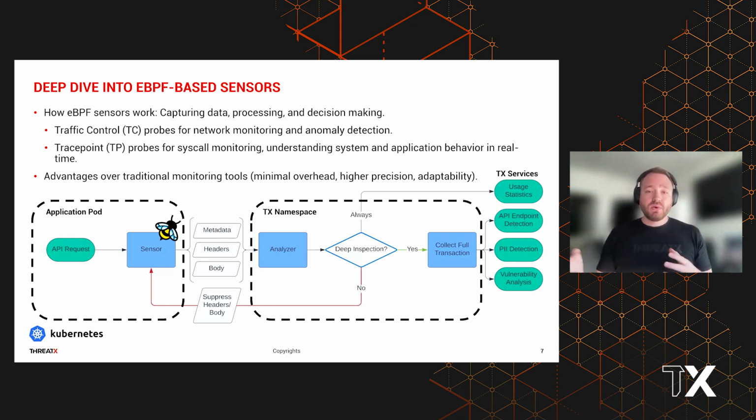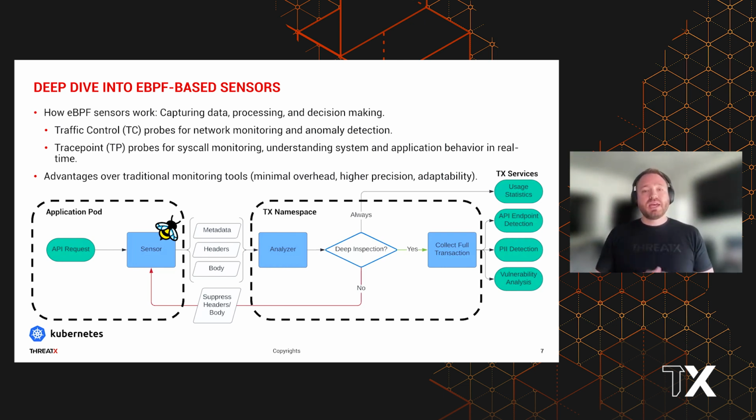The analyzer will be deployed out in your K8 environment in a ThreatX namespace that we would provide to you, but with a reference Helm chart, deploys out, and you could have many sensors that map back to a single analyzer based on your workload to be able to scale up and scale down with your application pods.